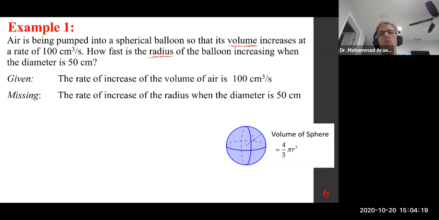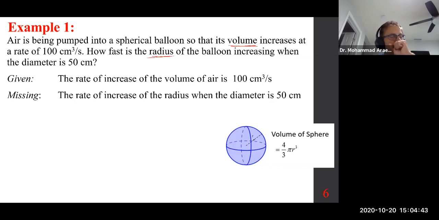Anytime we do a word problem, it's important to understand the problem by reading and rereading, and to see what's given. I wrote the given, and more importantly, we have to do it symbolically, class. So we write the rate of increase of the volume.